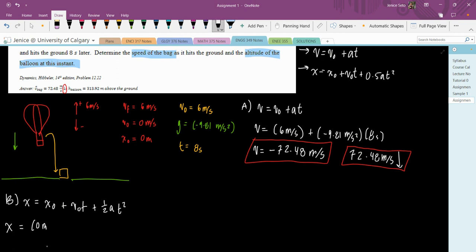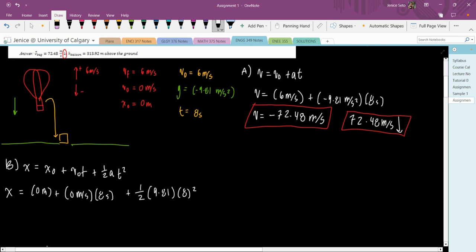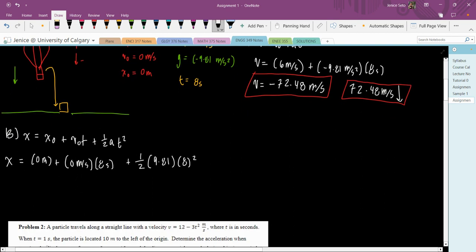So we're going to put 0 meters in, plus, and our v naught we said was 0 meters per second. Our t was 8 seconds, doesn't matter because that's going to be 0. The only term that we're really paying attention to here is this last term. Right, so we have our gravity and our time.